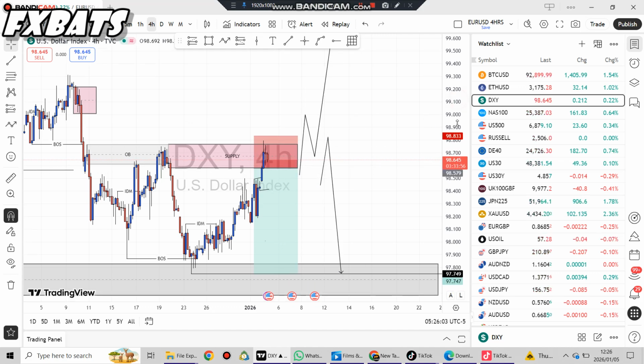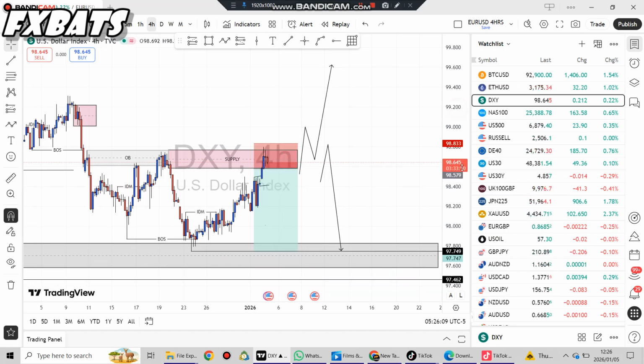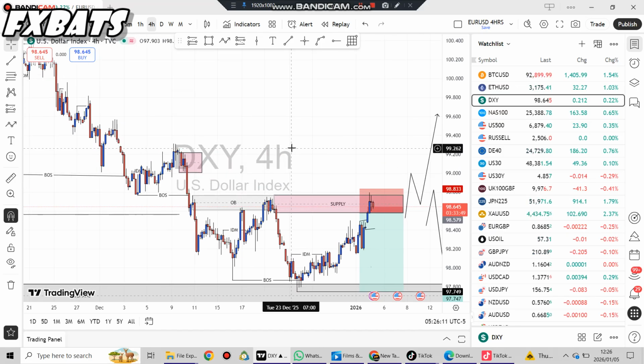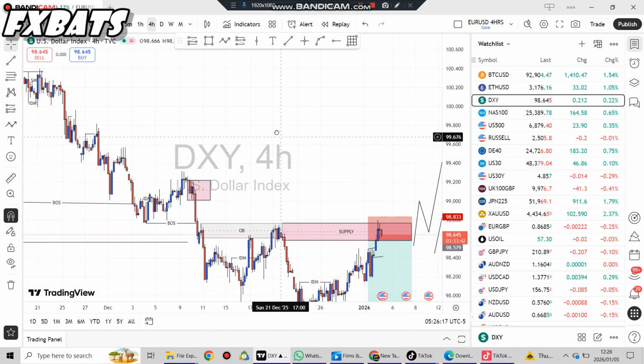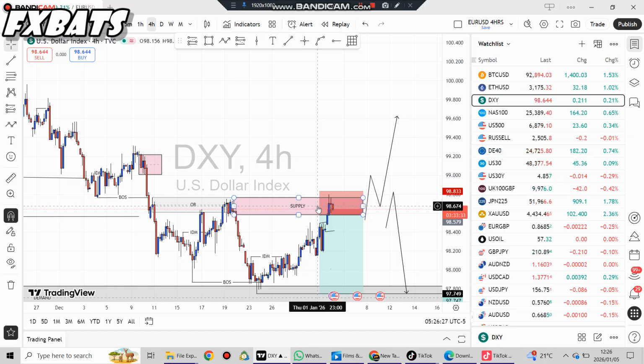Then this supply will become an area of support or demand, which I'll use to buy, targeting all these areas of buy side. Definitely, because on monthly we have the monthly imbalance above. That's what I will be targeting if the supply fails to hold.